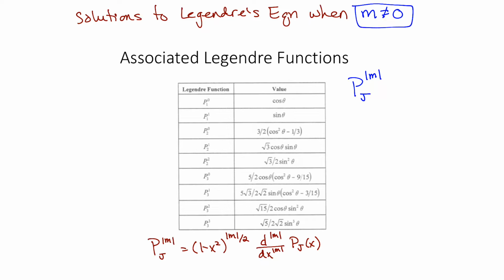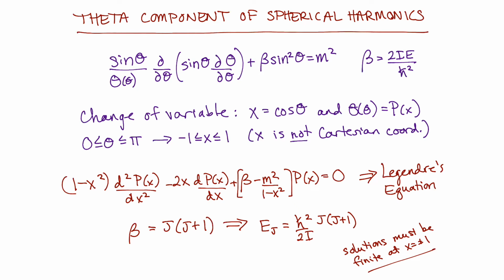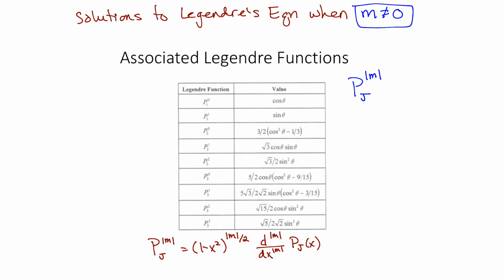One thing to note here is that only the absolute value of m is relevant in our expression for the associated Legendre functions, and that is because our Legendre equation that we started with is only dependent on the square of m. So we only have to worry about the absolute value of m.